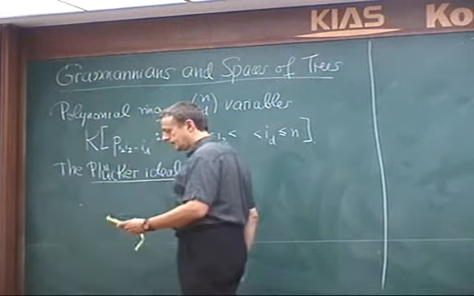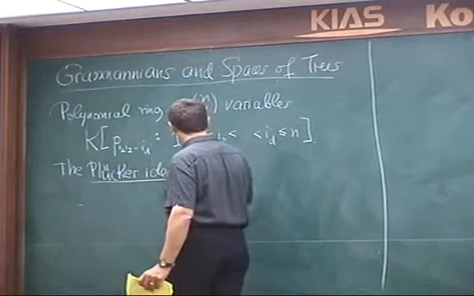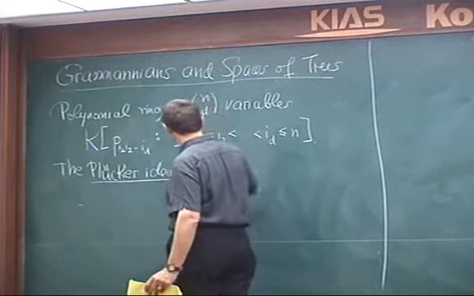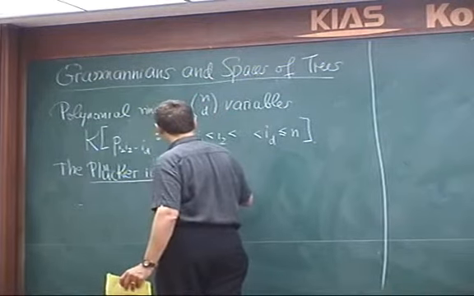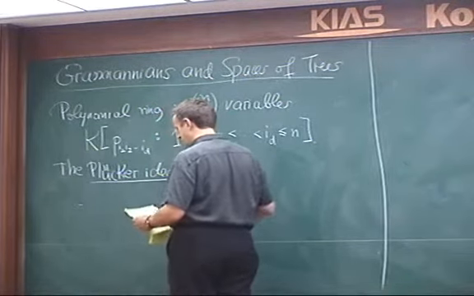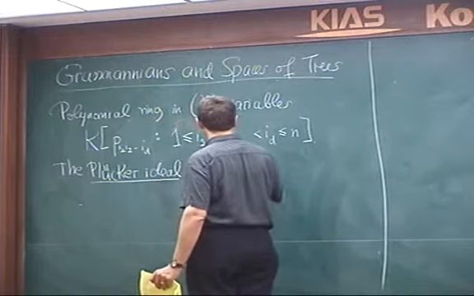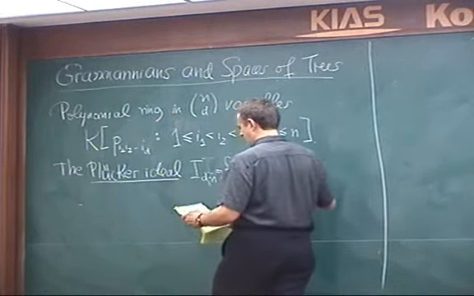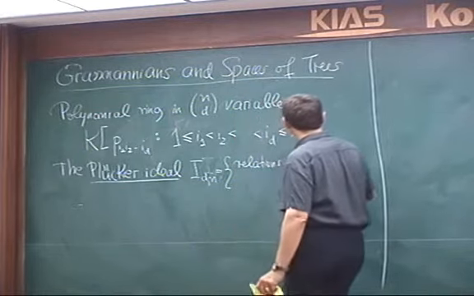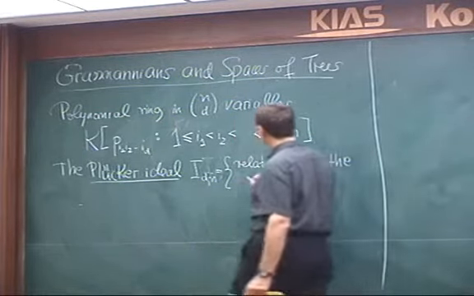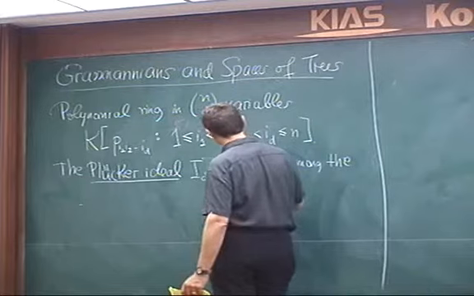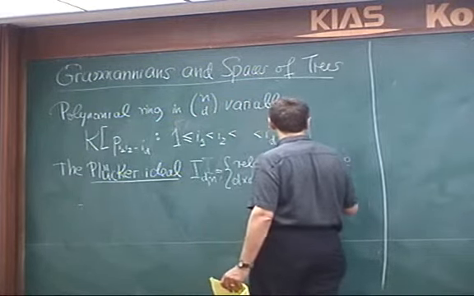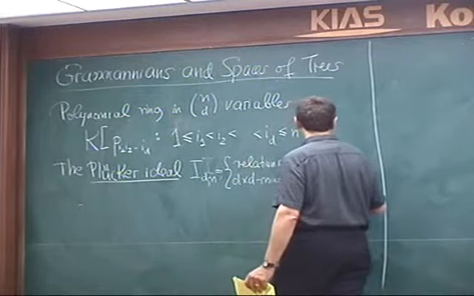The Plücker ideal I_{d,n} is the ideal of algebraic relations among the d by d minors of a d by n matrix.